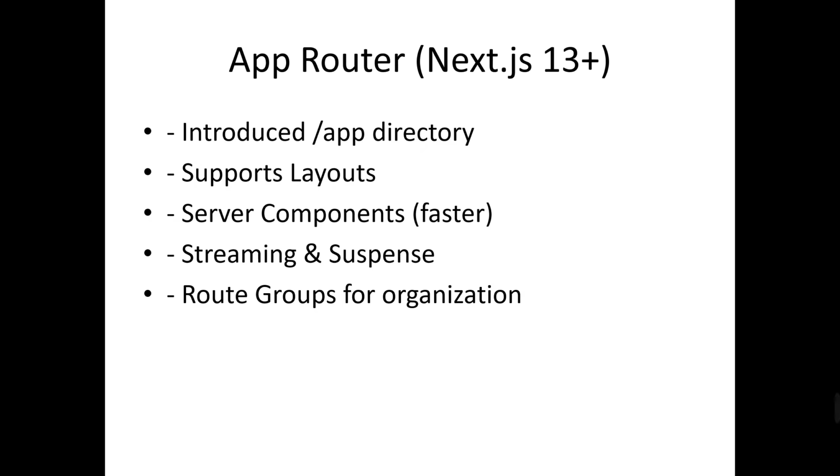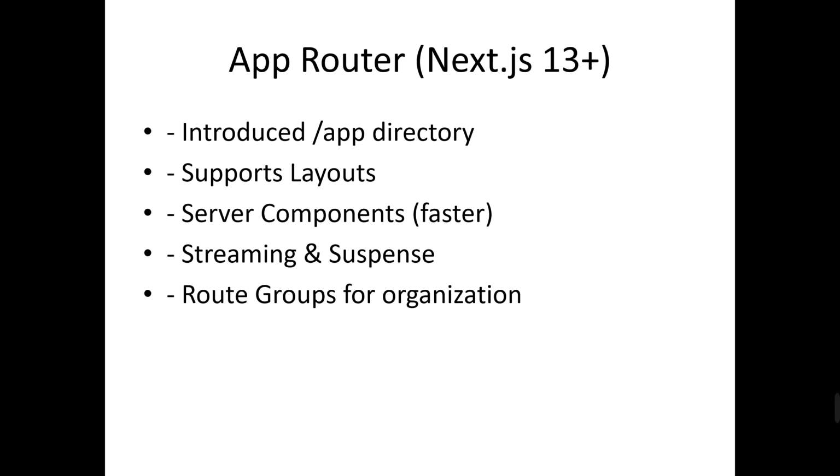Now, when it comes to routing, there is one directory called app. It's the main directory where we will be writing our routes, and it supports layouts. Layouts are basically the design of our page, like the header, footer, and sidebar, and server components, which means it's faster. Then streaming and suspense; suspense comes into the picture when there is latency in the data.